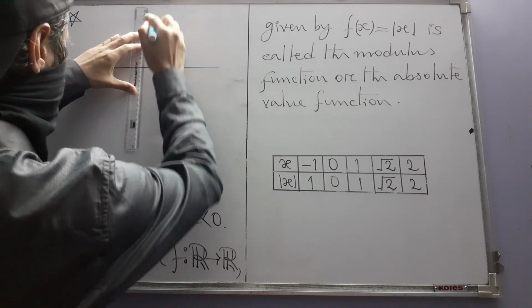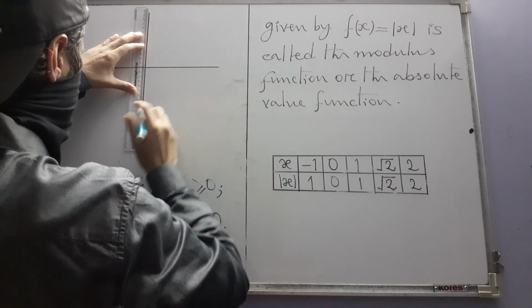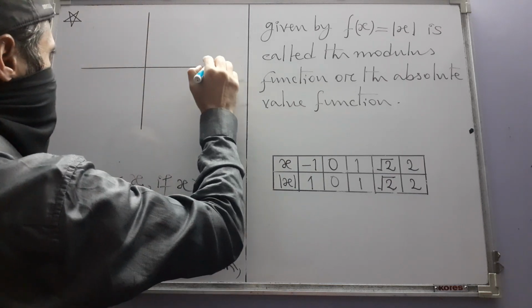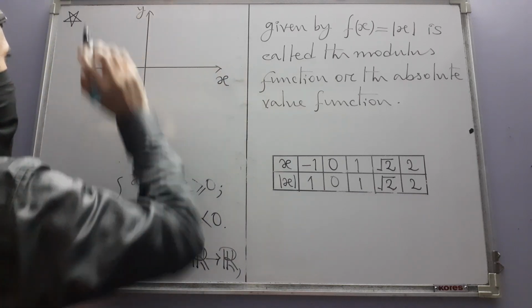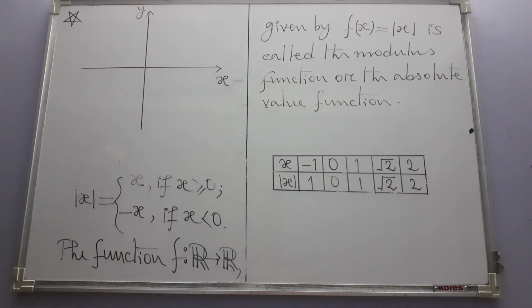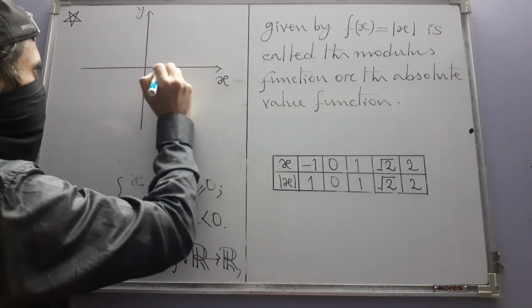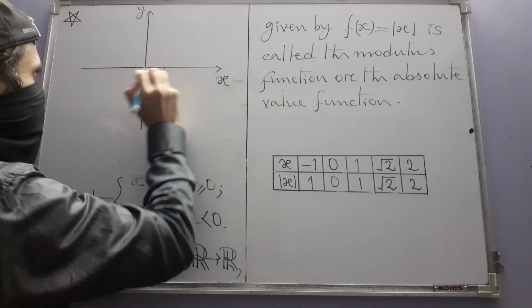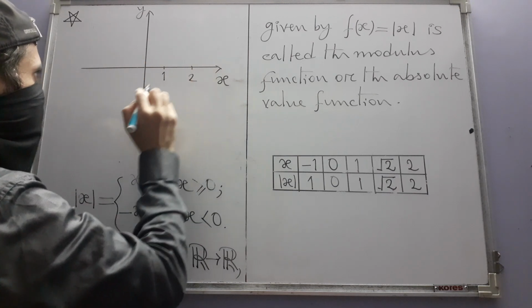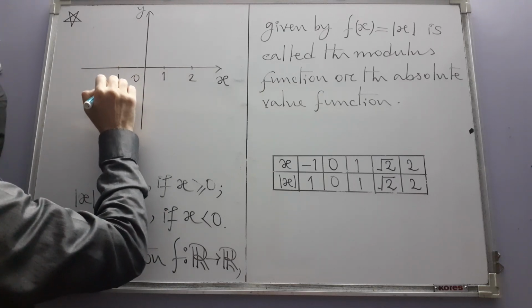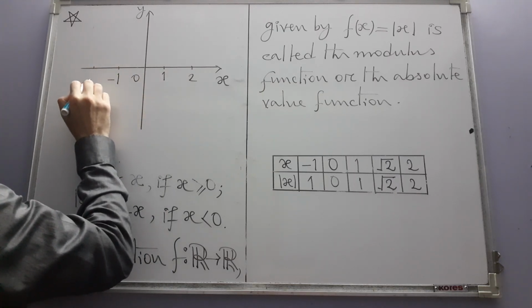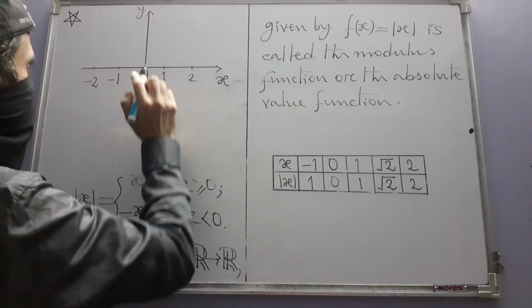So this is our x-axis, y-axis. Let me also roughly mark out the points. Say 0, minus 1, although we won't need minus 2, but let me simply write.